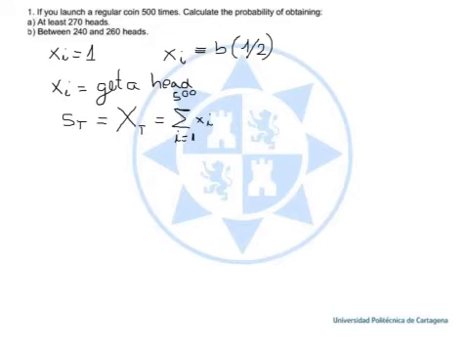As the experiment is repeated 500 times, we will use the Moivre-Laplace theorem. So we will call this the total number of heads.